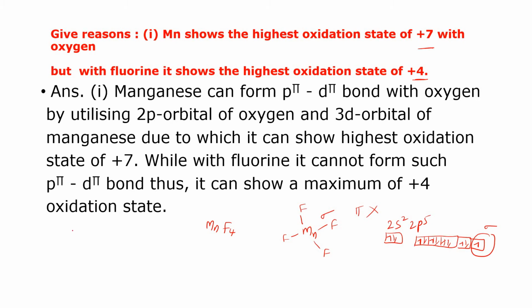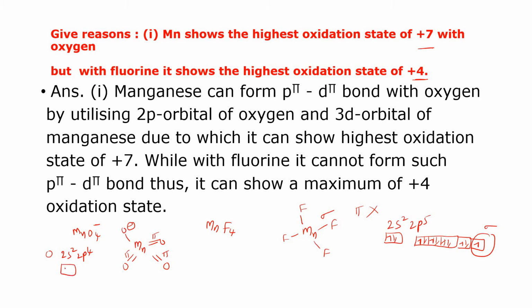Now if you observe MnO4 minus, it exists like this: Mn double bonded to O, double bonded to O, and O minus. Here there is a pi bond, here also a pi bond, here also. Why is it forming pi bonds? Oxygen's configuration is 2s2, 2p4.